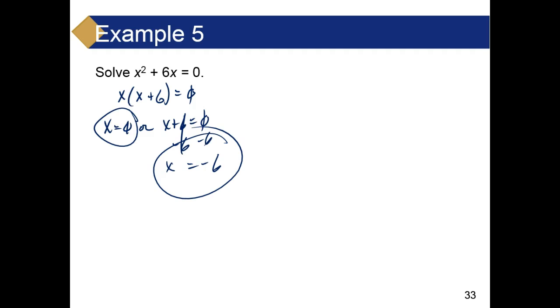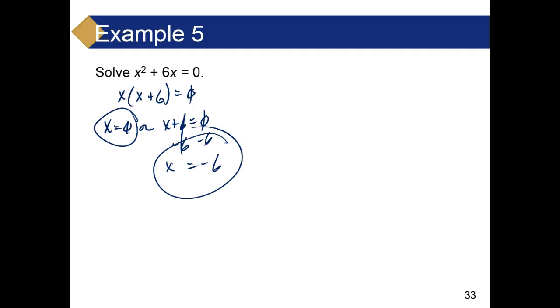By the way, little fact about polynomials. This is a polynomial, remember? That's what we're studying, factoring polynomials. If you look at the maximum exponent in a polynomial, when you have it set equal to 0, that's the maximum number of answers you could have. You don't have to have 2, but you could have up to 2. If you find 2, you're through.